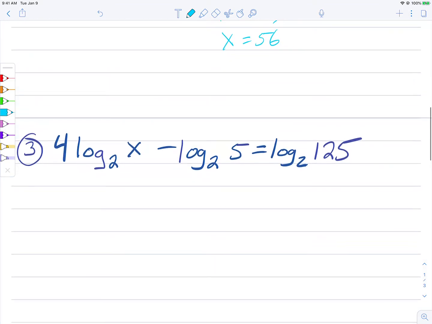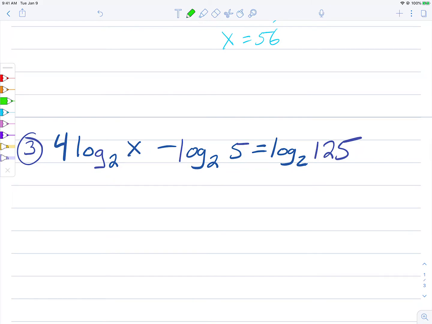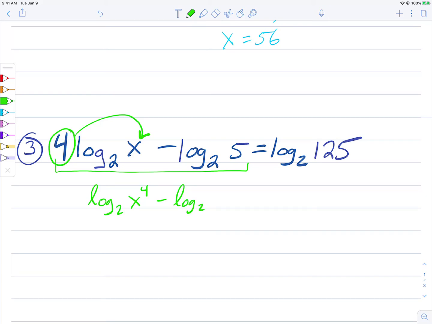Okay, on this problem, we also again on the left-hand side have 2 logs going on, so we need to use our property of logs. If you have a 4 out front, it becomes the exponent. So this is going to be log base 2 of x to the 4th minus log base 2 of 5 equals log base 2 of 125.